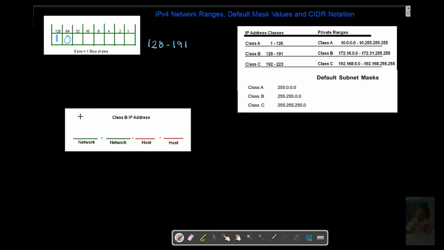Our default mask value is 255.255.0.0, 1 2 3 4 5 6 7 8, 1 2 3 4 5 6 7 8, and then the rest of our bits are off.